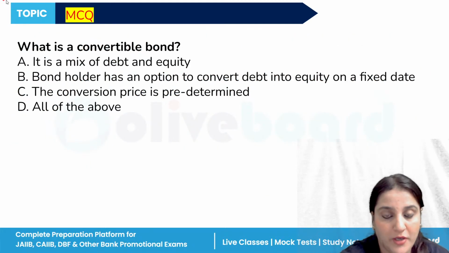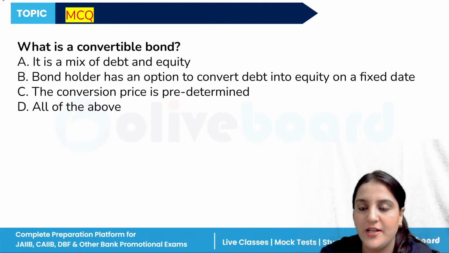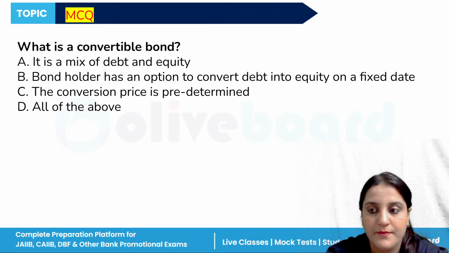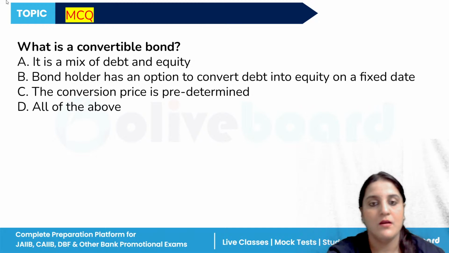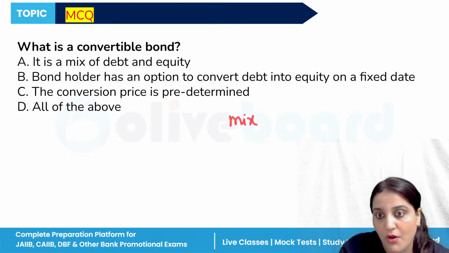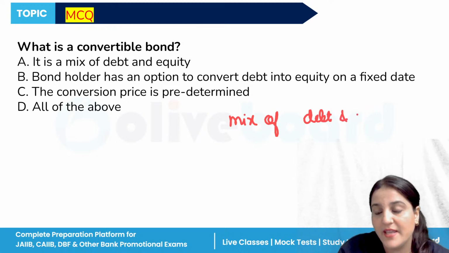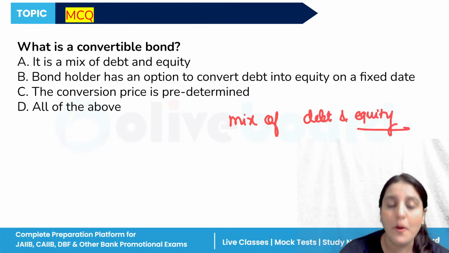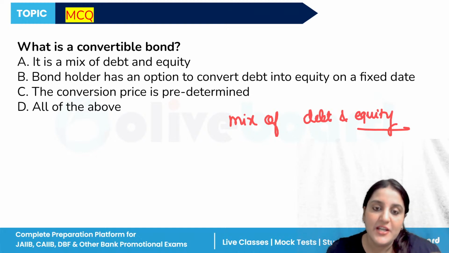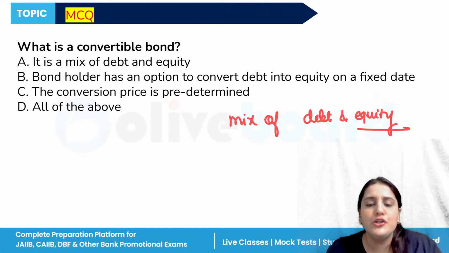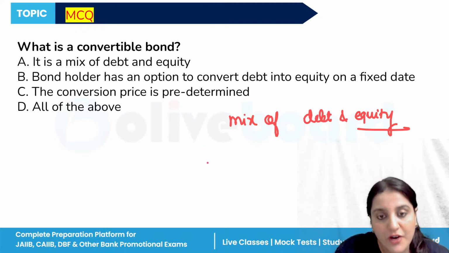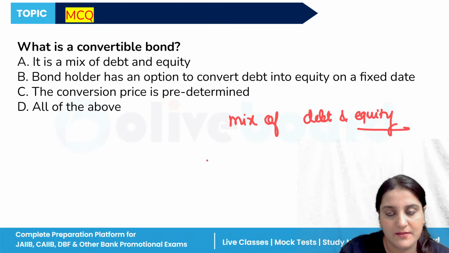What is a convertible bond? Now tell me fast, what is the meaning of convertible bonds? Convertible bonds are a mix of debt and equity, where the bondholders are given an option to convert the debt into equity at a fixed rate or during a fixed period, and the conversion price is predetermined or worked out as per prevailing SEBI guidelines.